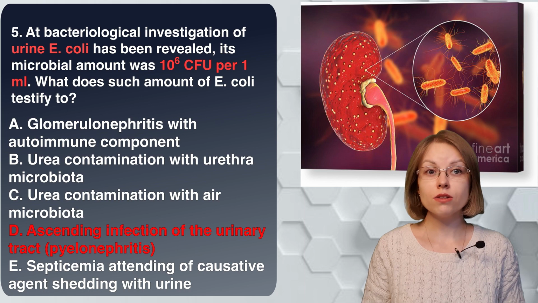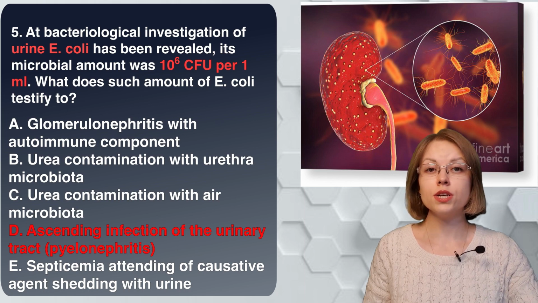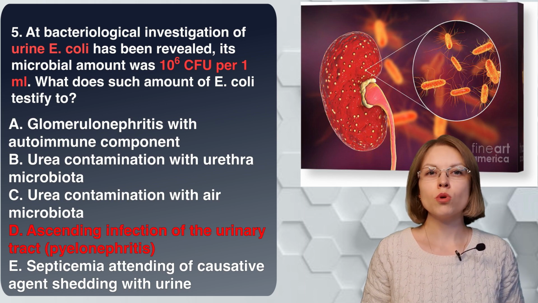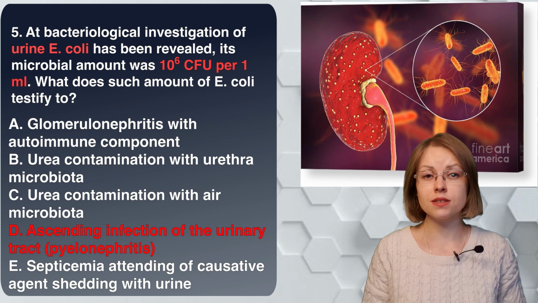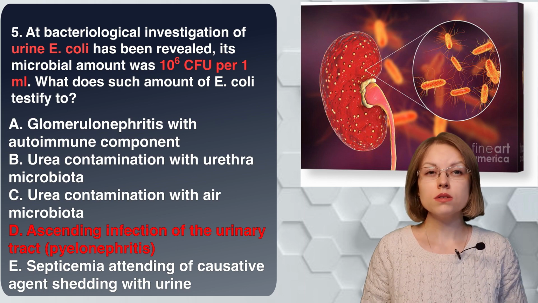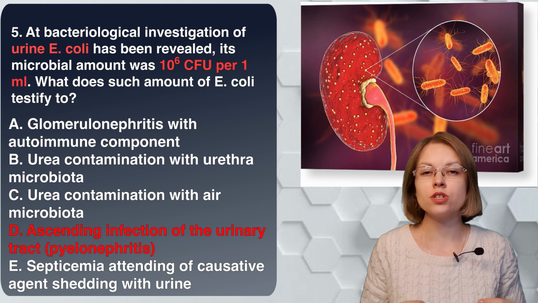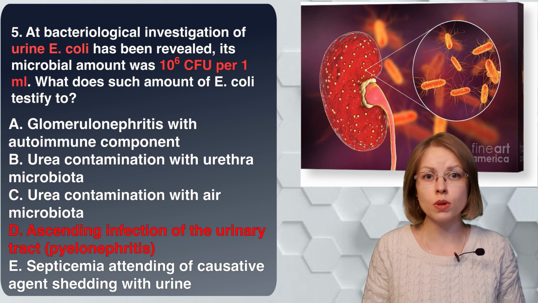And the final distractor is answer E. Septicemia is a form of sepsis accompanied by systemic inflammatory reactions without purulent metastasis in the tissues. This is a very severe form of infection when the pathogen enters the bloodstream and multiplies, producing toxins.